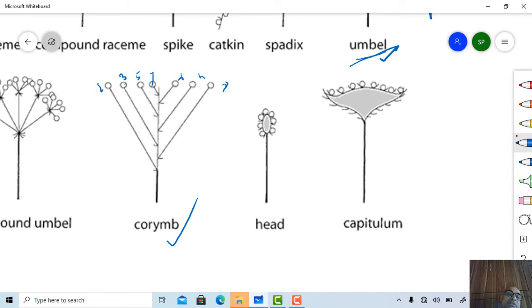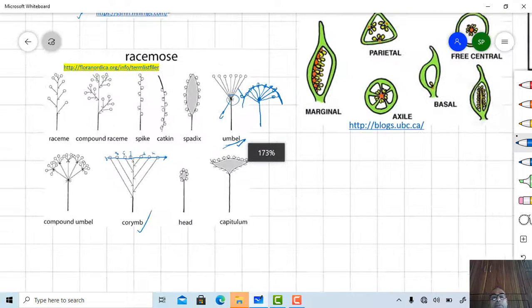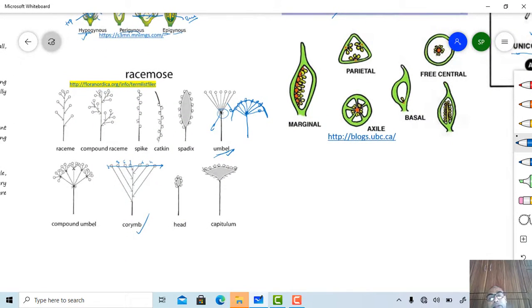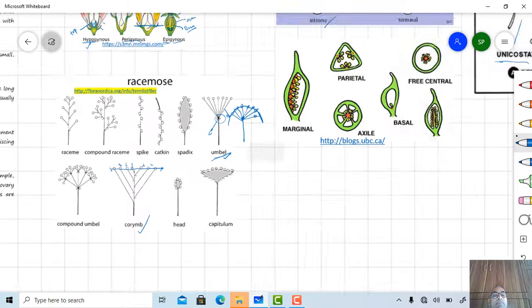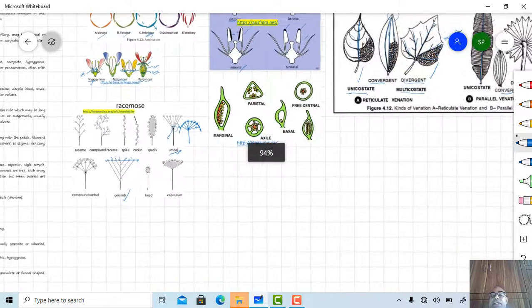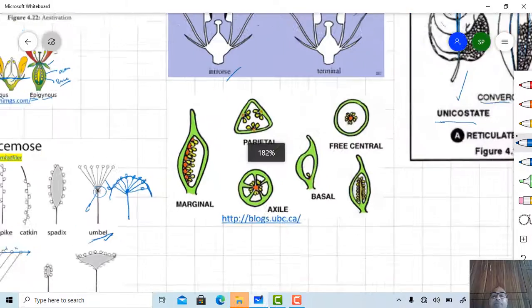Older flowers have much longer pedicels than the younger ones, and all flowers are brought to the equal level, then they are called a corymb type of inflorescence. So either umbellate or corymbose type of inflorescence is present in family Apocynaceae.